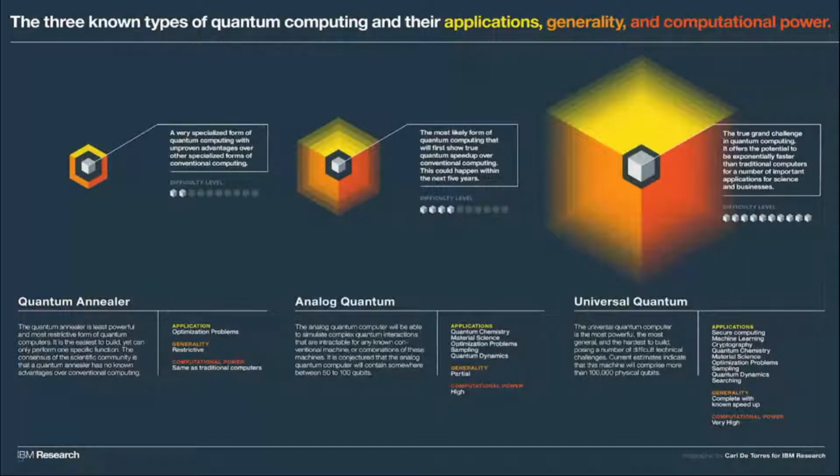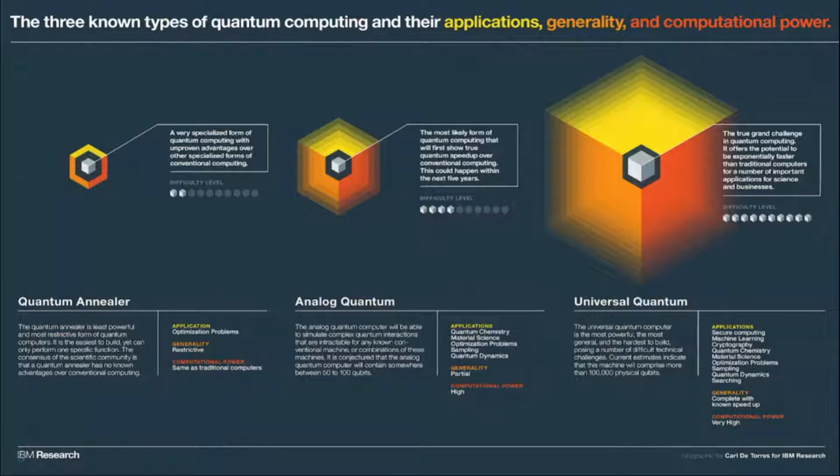Here is just a basic graphic on 3 different types of quantum computing models. The first one on the left over here, the quantum annealer, is one that is currently being developed to try and improve.